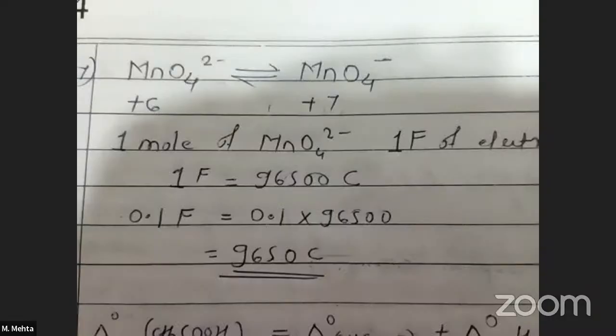Now, dissociation constant can be found out by using your Ostwald's dilution law. So the formula to find out the dissociation constant is Ka is equal to C into alpha square. Again, alpha is not given. So to find the dissociation constant, first of all, we have to find out alpha.